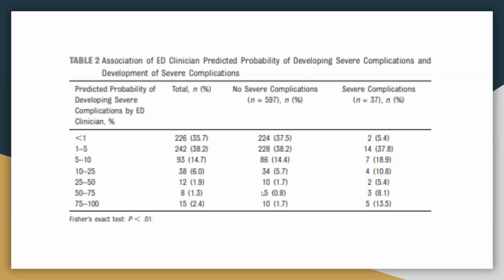And then for the ones who were sicker and categorized as having a higher likelihood of developing severe complications, there were fewer of them, but as you go up in severity, the number of severe complications increases compared to the ones who they deemed as looking pretty good.